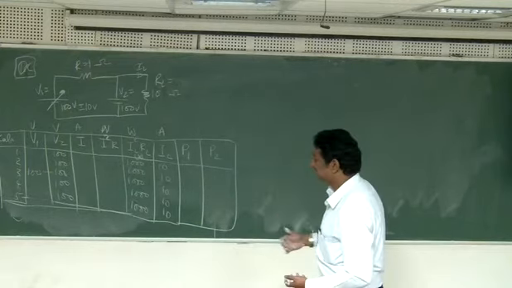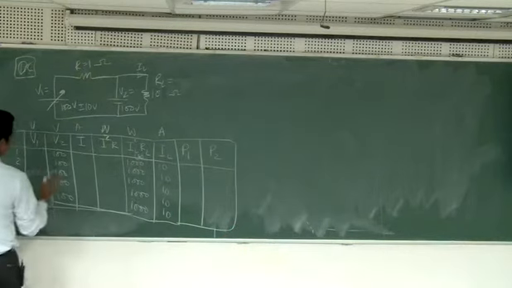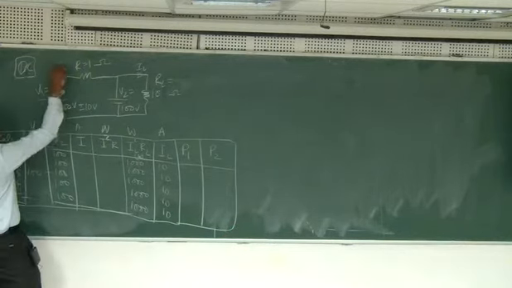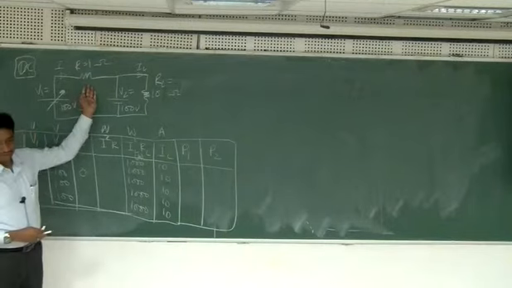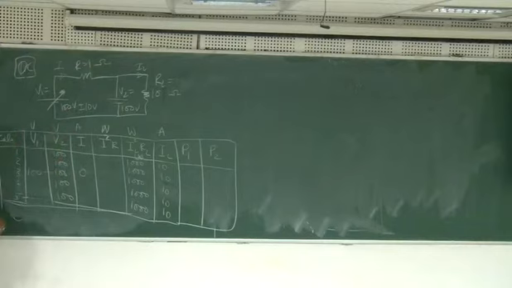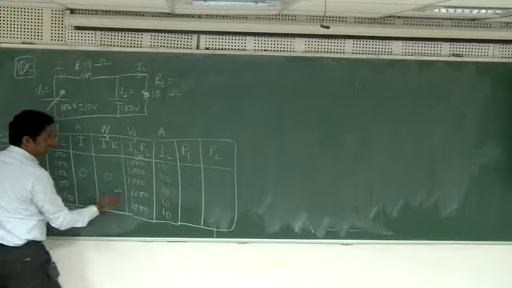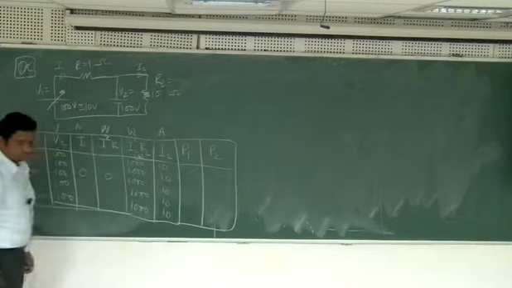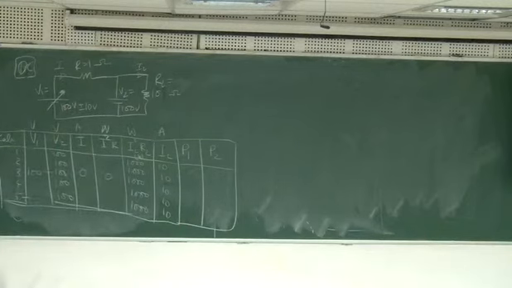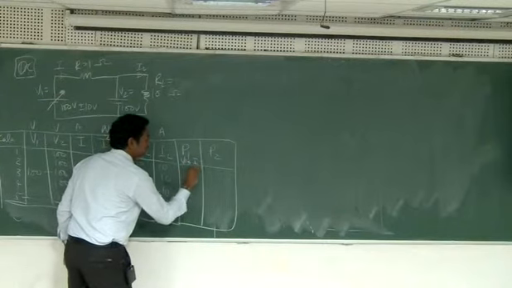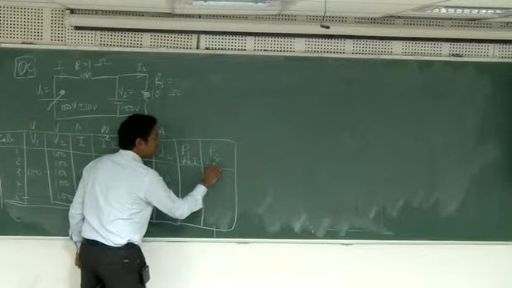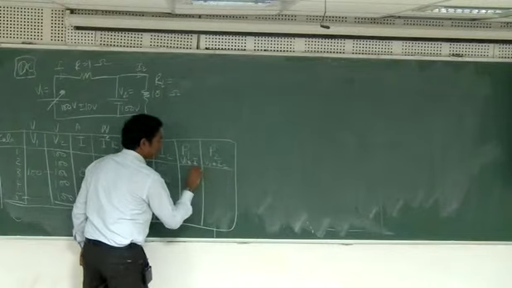So in this case, what is I? I in the line, this one, will be 0 because both voltages are the same. By Ohm's law, from this point to this point, it is 0. And therefore I square R is also 0. And what are P1, P2? P1 is nothing but V1 into I1, and P2 is nothing but V2 into I2.